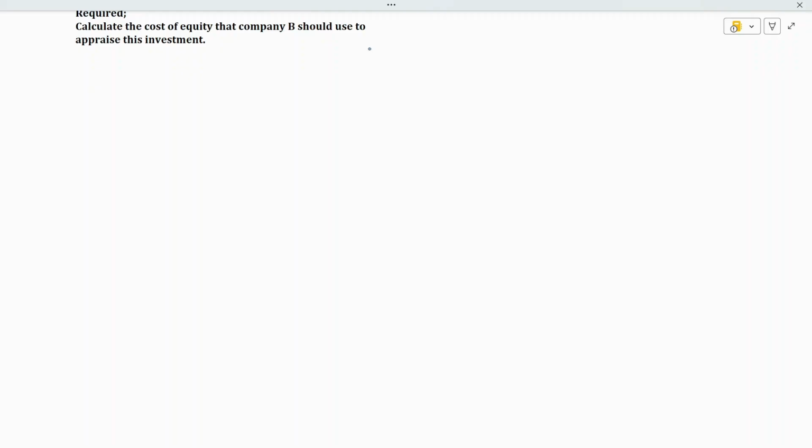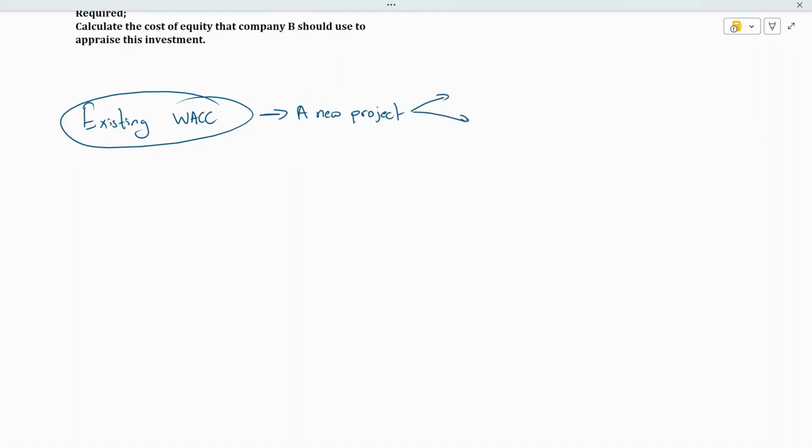Now you all know the existing weighted average cost of capital of an organization can be used to appraise a new project under two scenarios. One, if the company's business risk remains the same.